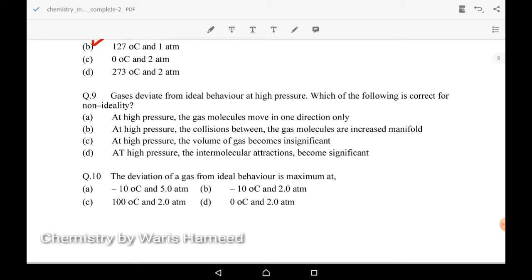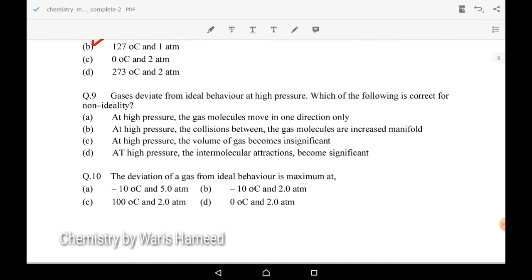We know that when we decrease the temperature and increase the pressure, the gas becomes non-ideal. Here at high pressure, now I have to tell you about non-ideality. Which of the following is correct for non-ideality?